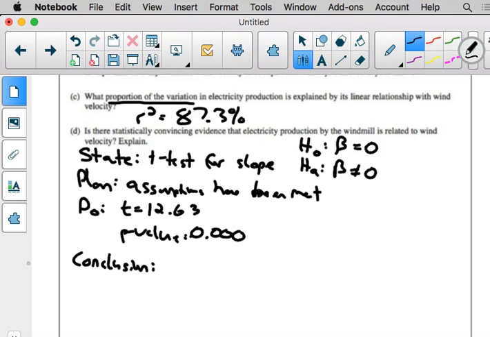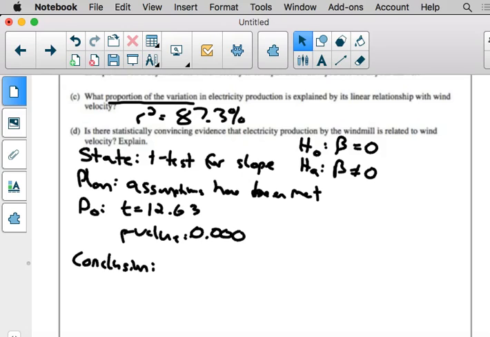Because our p-value is so small, less than 0.05, we reject the null. By rejecting the null, it means we do have evidence that electricity production by a windmill is related to wind velocity.